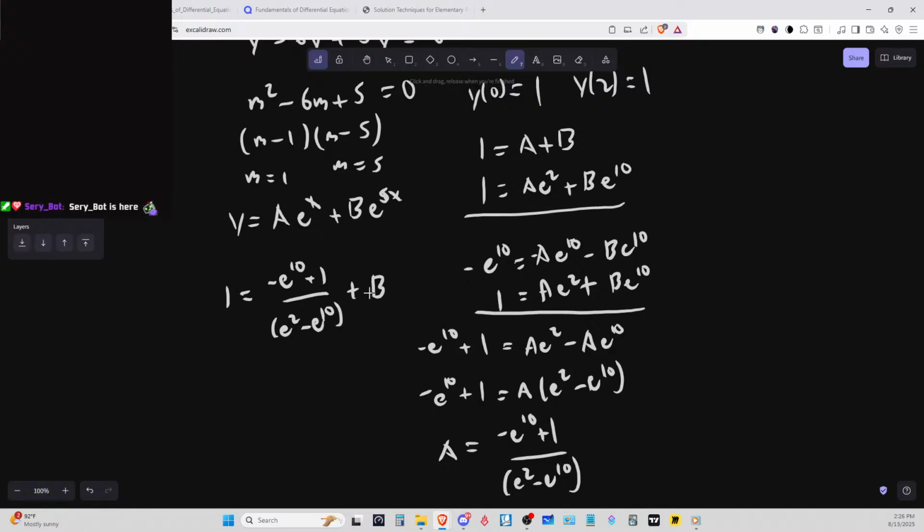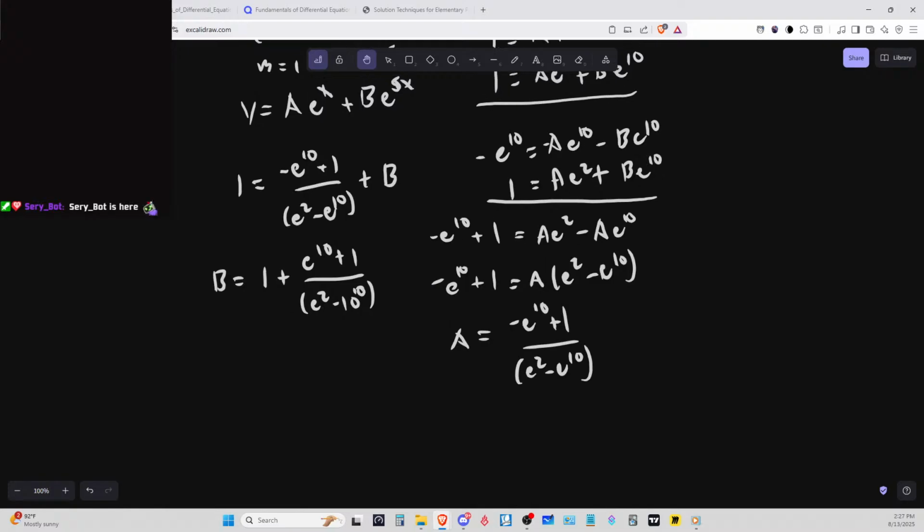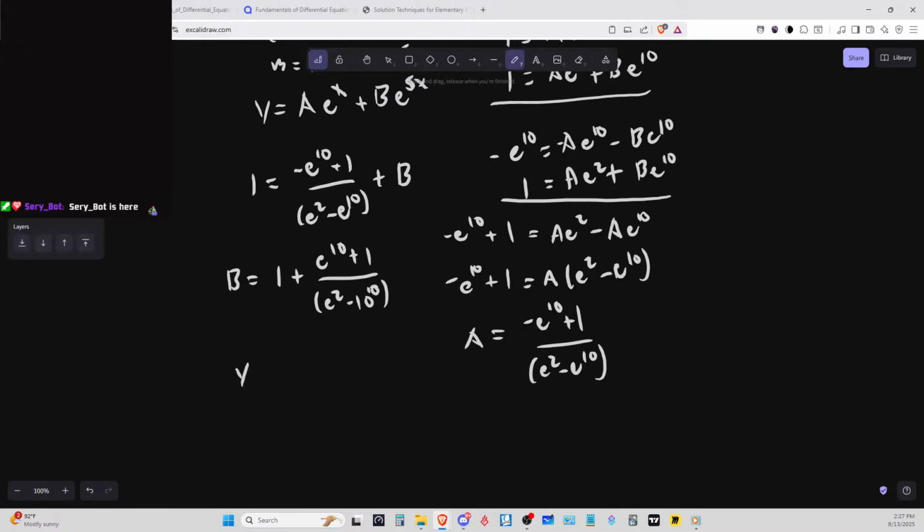Plus B. Meaning that B is going to be equal to 1 plus, so, oh man, this equation looks, it's not bad, it's just very out there. But then again, not all equations are supposed to look elegant.